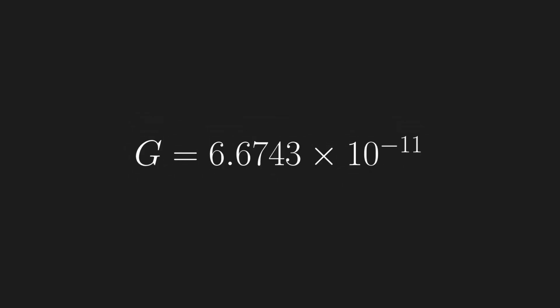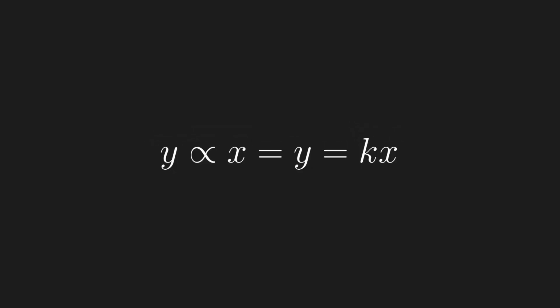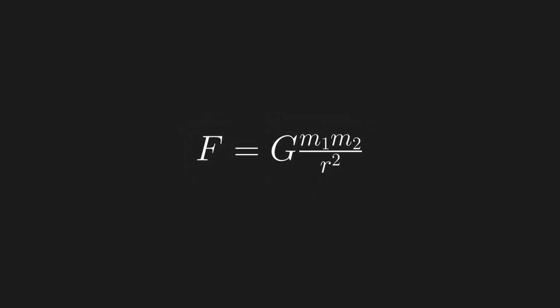I won't go into detail about his experiment, but basically, big G is the transformation factor that turns it into an equality. This form is the modern form and the final form. This is called Newtonian gravity, or the universal law of gravitation. With this piece of art, based on two clever insights, we can write the three-body problem.